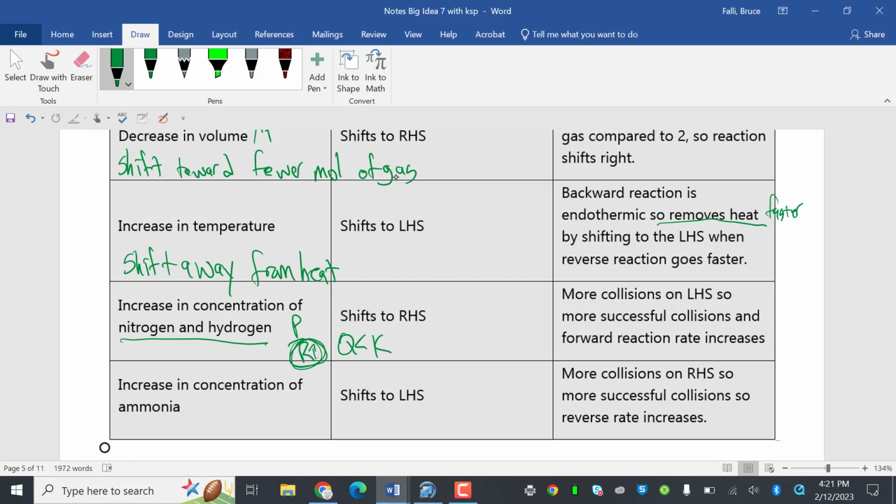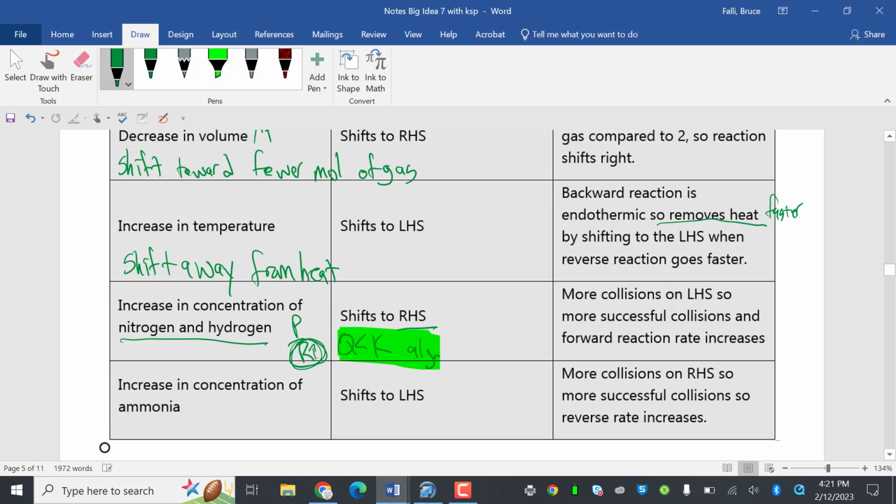If Q is less than K, it will shift to the right-hand side. Why? Algebraically, and that's a great way to explain it. You can say there's more collisions on the left-hand side, so more successful collisions and forward reaction rate increases, and that will work. You can either talk collisions, but many times they want you to talk about K, okay, and it will specifically say that.